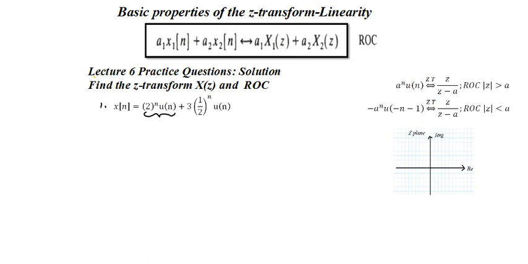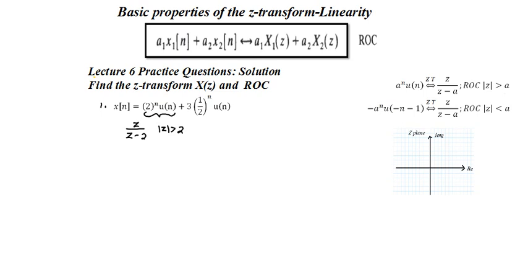Based on the result, a raised to n into u of n is z by z minus a, and modulus of z greater than a. Based on this I can write the transform of this particular portion like this, z by z minus 2, and the ROC I can write modulus of z greater than 2.